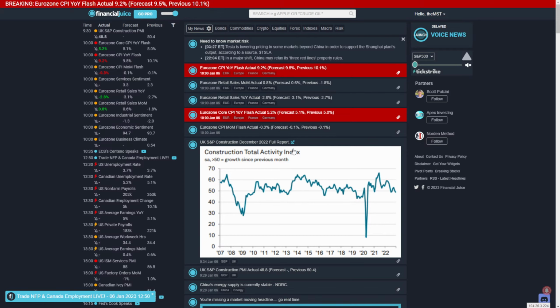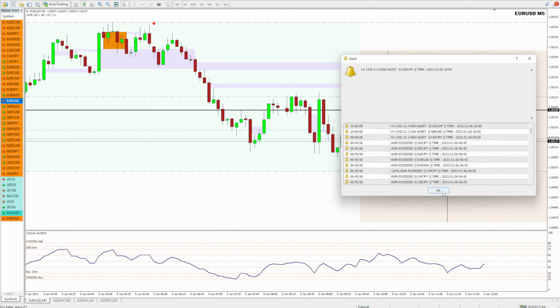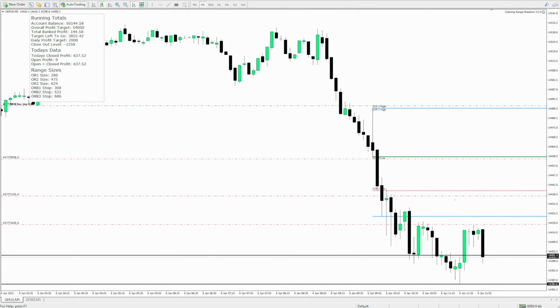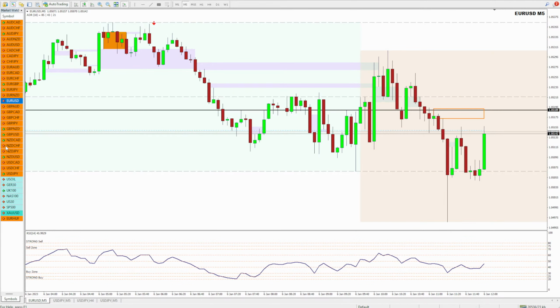There we go, there's my notification. Yeah, so hit and miss on that. No real bias either way. Hence not a lot of movement. Flat.